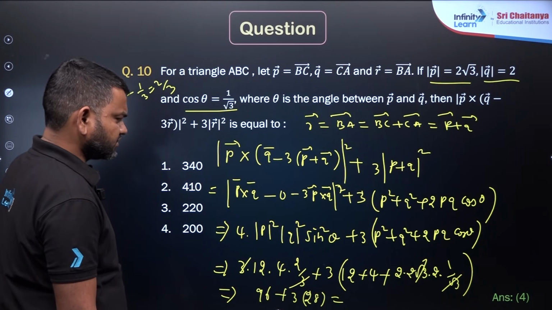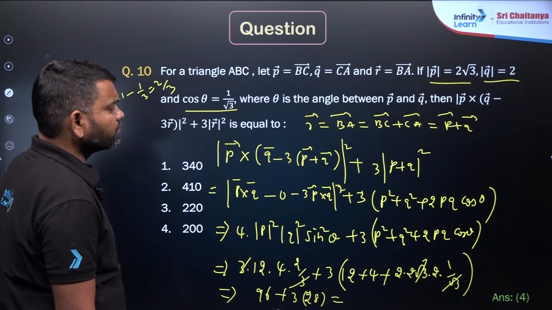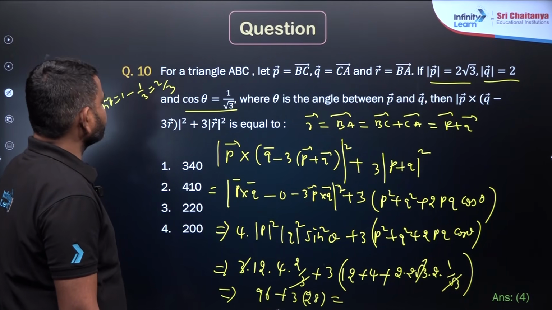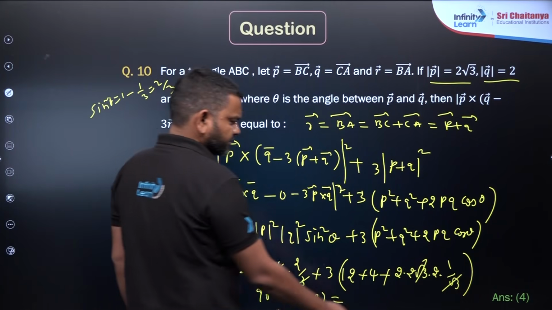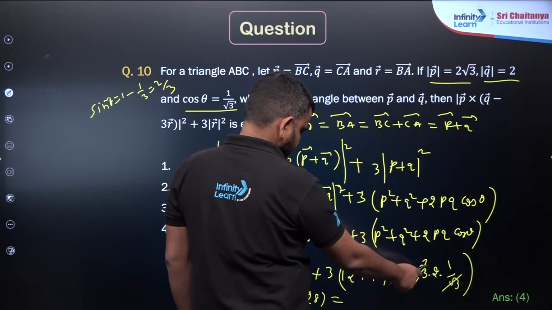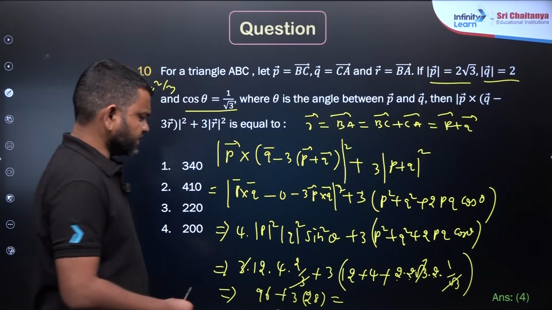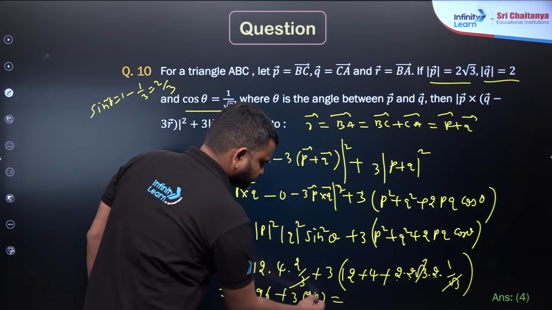28 into 3, or is it 28 or somewhat? P into Q, 2 into 3 into cos theta is 1 by root 3, 3 times of R square, so 3 times of that. This summation, this is 16 plus here 2 into 2 into 2, so 4 2s are 8, 24 only I am getting here.